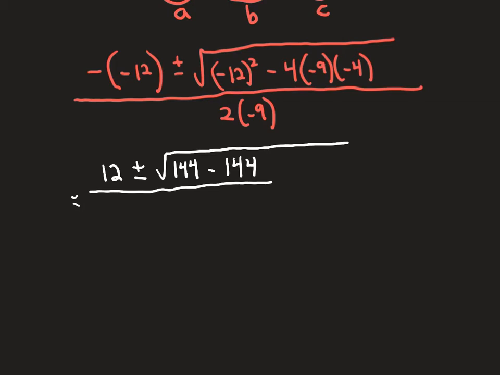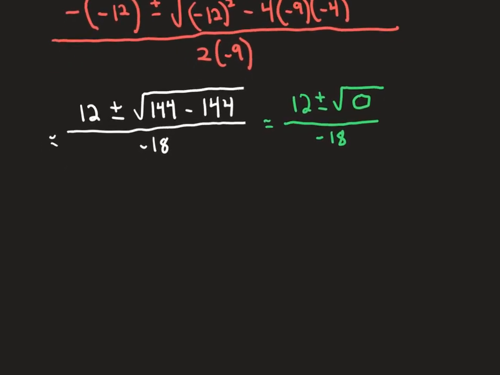And then underneath you've got negative 18. Okay, so we've got 12 plus or minus. If you do 144 minus 144, hopefully you can do that in your head, you get 0 over negative 18.